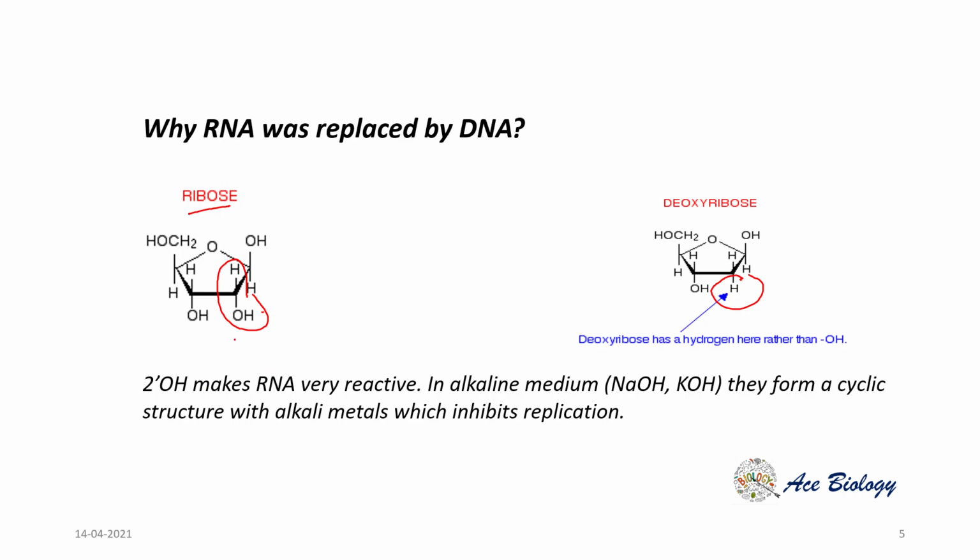This OH group is very reactive, and in case of any alkaline medium, it has the tendency to form cyclic structures with the alkali metals. So it will inhibit the replication, thus making this RNA very unstable. That's why we prefer to have DNA as our genetic material.